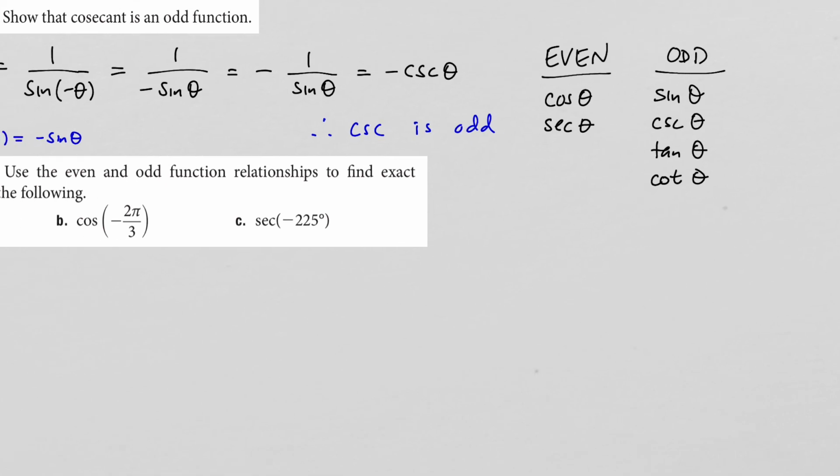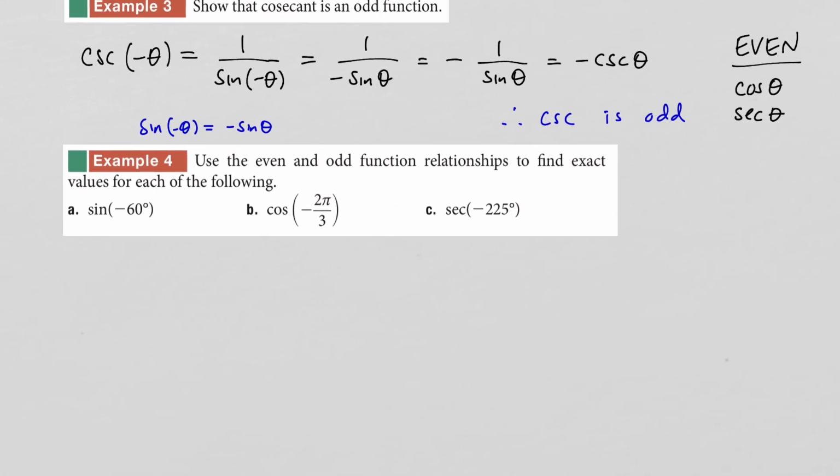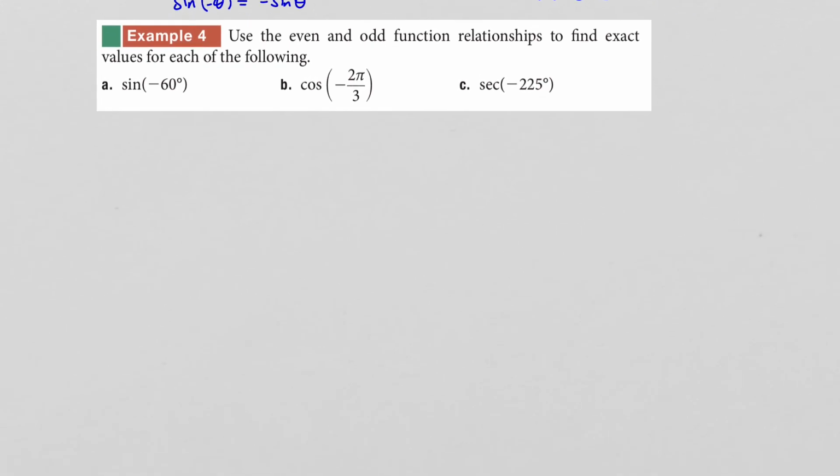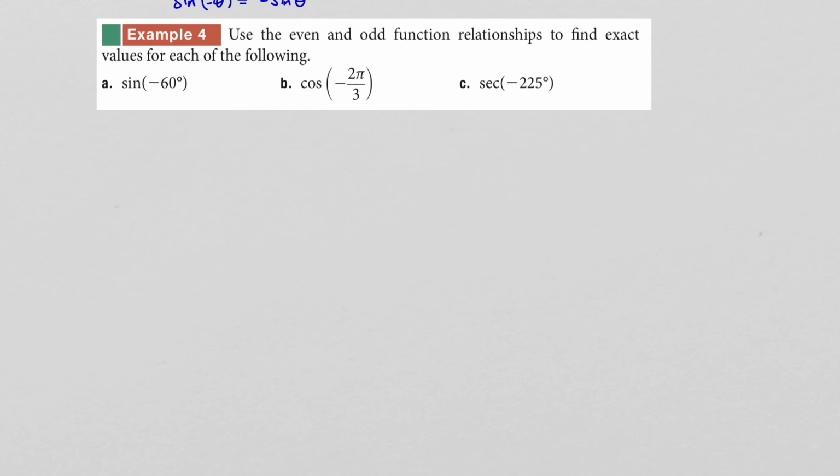Okay, let's go back to this example now. So I want to use the fact that the trig functions are either even or odd to get the following values. So first one, sine of negative 60 degrees. Well, the sine of negative 60 degrees is the same as negative sine of 60 degrees.